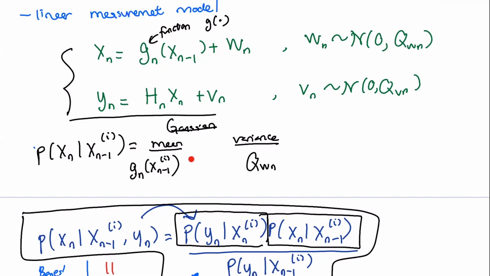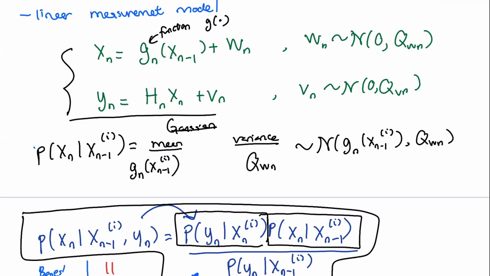The noise has 0 mean, so the mean is just this value. The variance, again, all the randomness of xn comes from this noise, so it's Gaussian, and the variance is QWN, right? So this is why we like working with the state transition distribution, because the way we set up the problem is a Gaussian, right?